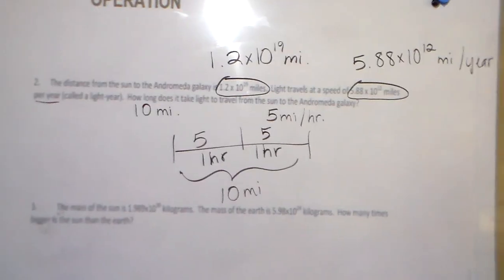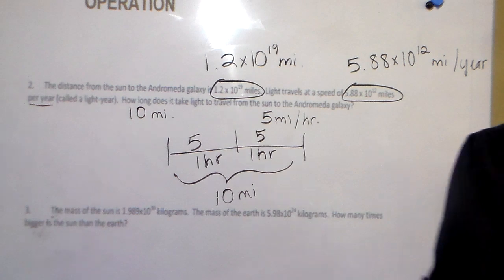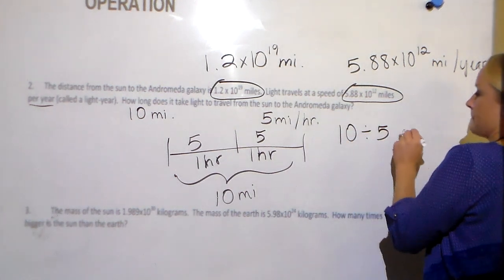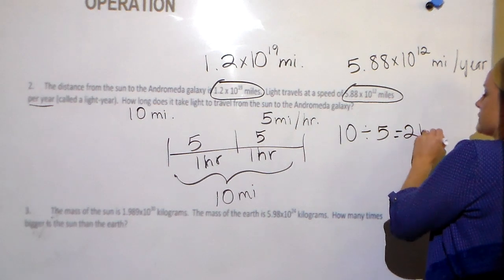Hopefully I'm not driving my car 5 miles per hour. So again, I would do 10 divided by 5, and that equals 2 hours.